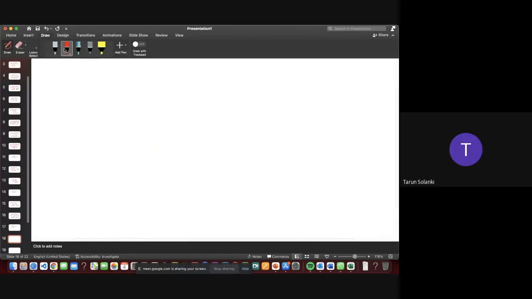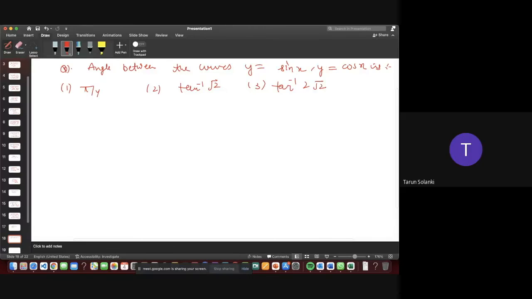Next problem. The angle between the curves y is equal to sin x and y is equal to cos x is, options are pi by 4, tan inverse root 2, tan inverse 2 root 2, and fourth is none of these.